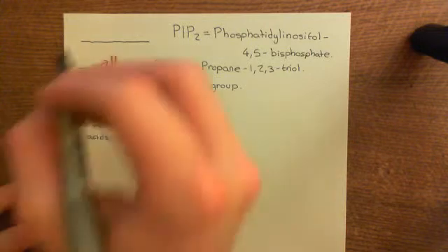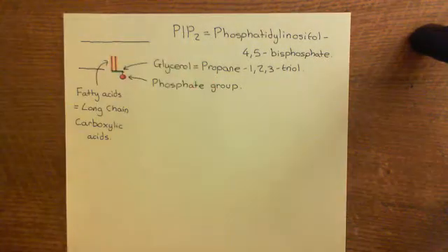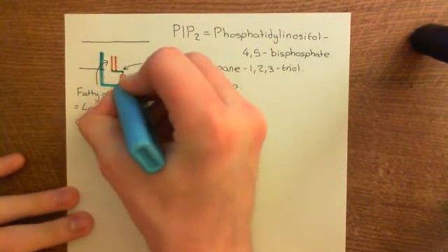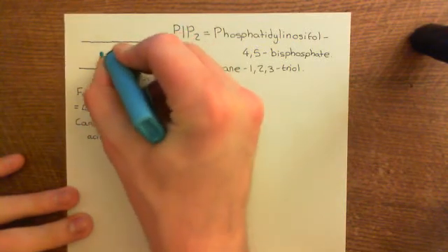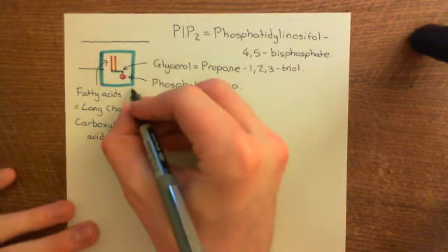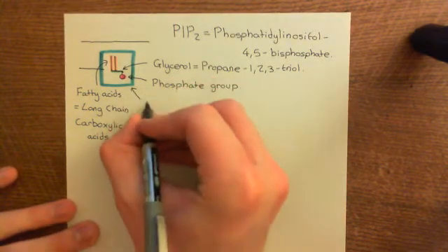And now the entire structure is known as a phospholipid. So the entire thing, which I'll now highlight in blue, is called a phospholipid, and you have 2 layers of these making up the phospholipid bilayer.